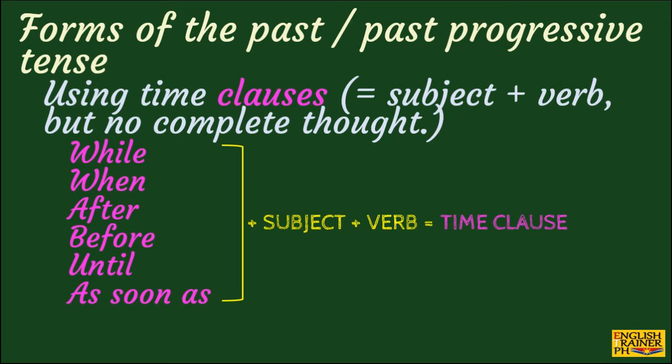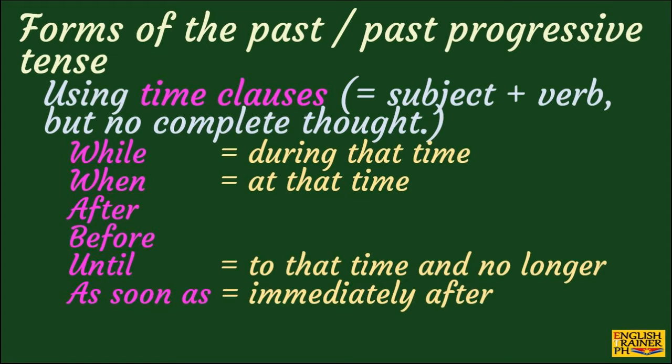So time words like while, when, after, before, until, and as soon as are often used in both the past and the past progressive. After these time words, if we include a subject and then a verb, then this is what we call a time clause.